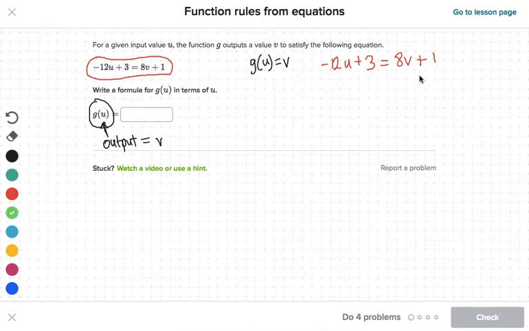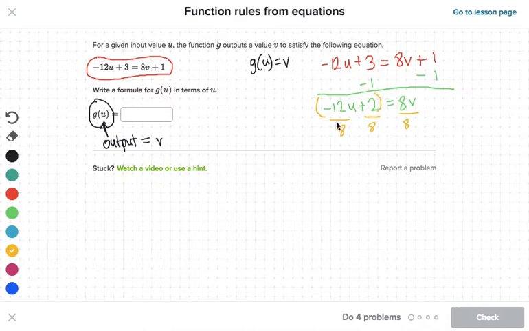All we have to do here, if we remember our solving equations, is subtract 1 from both sides first of all. That's going to give us negative 12u plus 2 equals 8v. And then we're going to divide by 8 everywhere. We can actually even divide this entire thing by just 1/8 if we so wish, and we're all done.